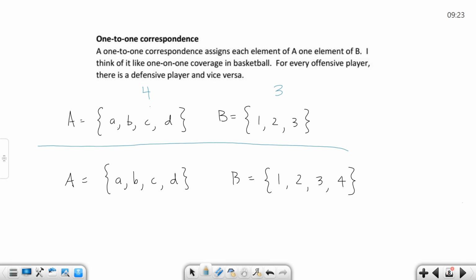So this is not one-to-one. Okay, but looking at the bottom set, we'll color it pink. We're going to know which one I'm referring to. Looking at the bottom set, you have 4 elements in A and 4 elements in B. And so you could set up a one-to-one relationship here if you had A, B, C, and D, and they could correspond to 1, 2, 3, and 4.